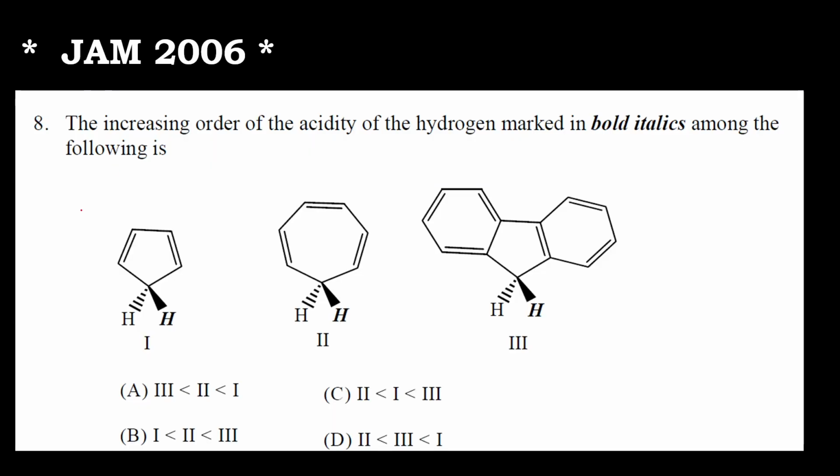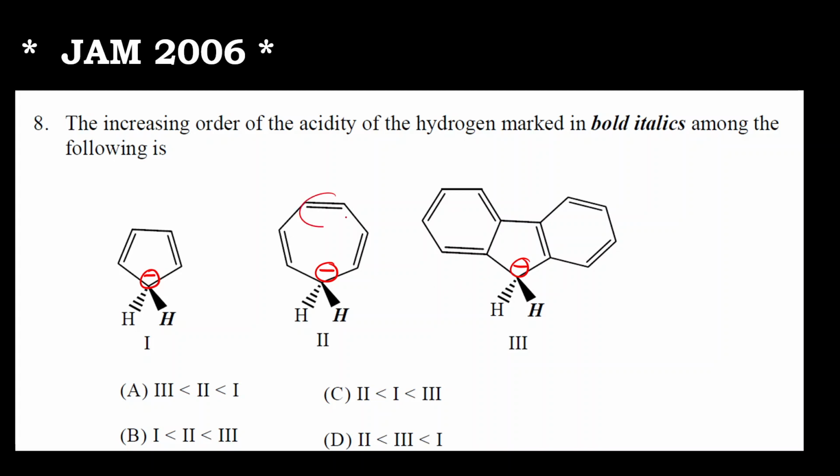This is the last question of the 2006 paper. The increasing order of acidity of the following hydrogens in bold italics among the following is. So what we have to do is find out the acidity of these protons. Acidity means loss of proton, so what we will be left with is the negative charge here.